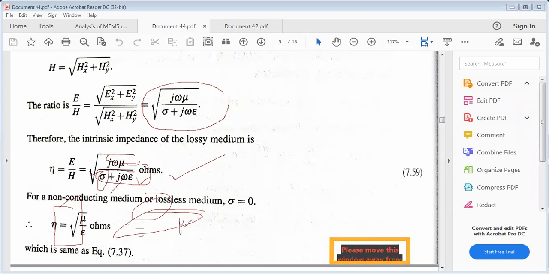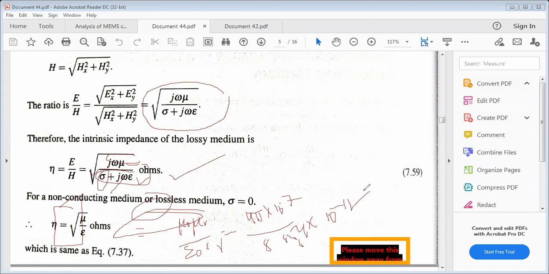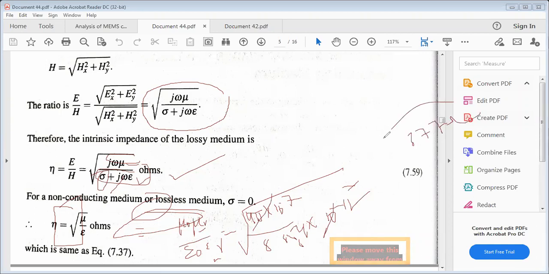Mu is nothing but mu naught into mu r, and epsilon is nothing but epsilon naught into epsilon r, which is 4 pi into 10 power minus 7 by 8.854 into 10 power minus 12. The values of mu r and epsilon r are 1. When these two are 1, by simplifying this expression, we get the relation as 377 ohms.